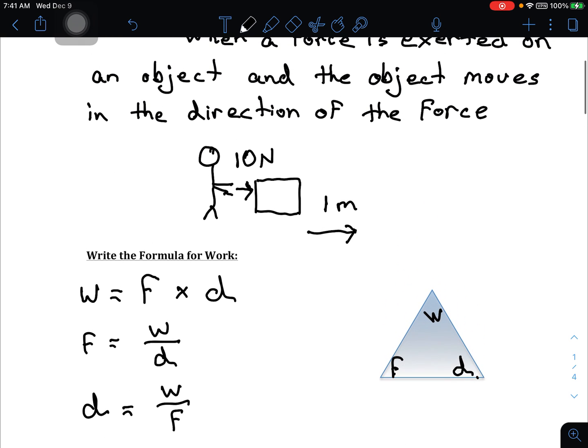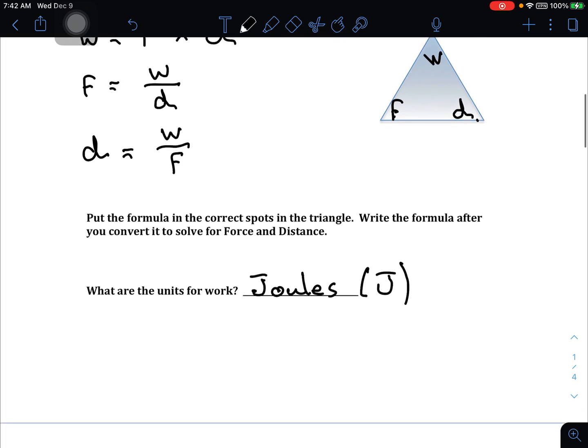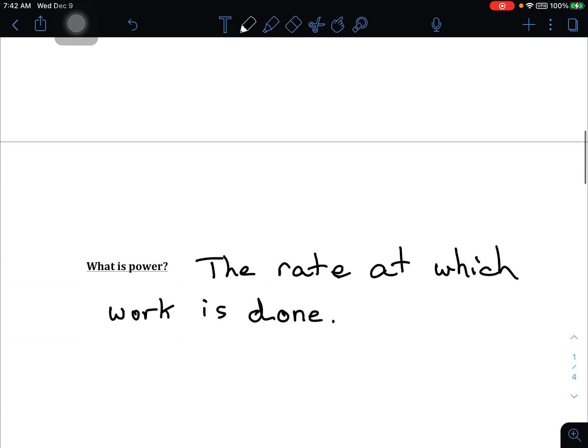So if I was going to report this up here, force times distance equals 10 newtons times 1 meter is equal to 10, and the work that was done would be 10 joules.